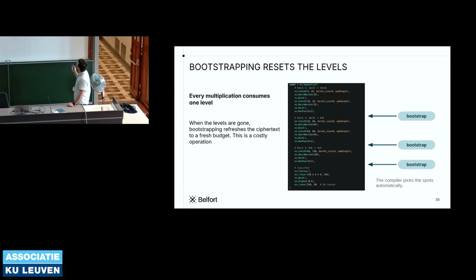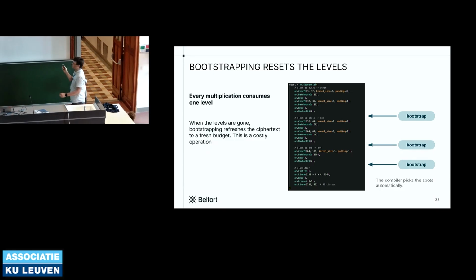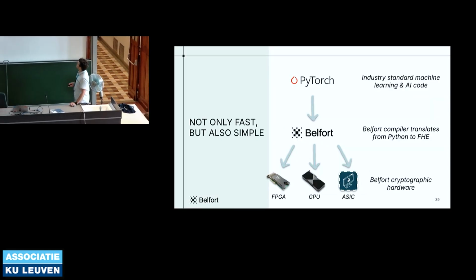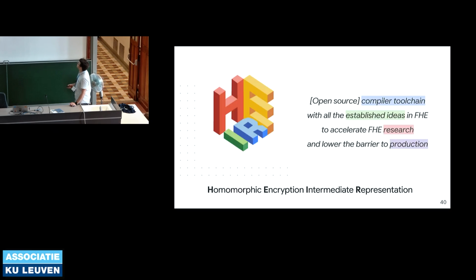So again, you're going to get a little bit of a feeling of déjà vu, because we're going to need a compiler to do this. And the compiler that we're using at Belfort is also Hare. This is a Google-led open source project that we're also contributing to.